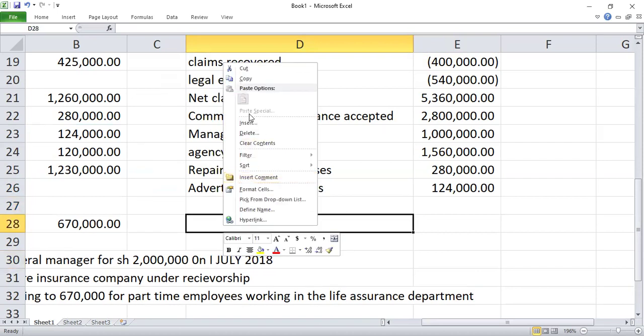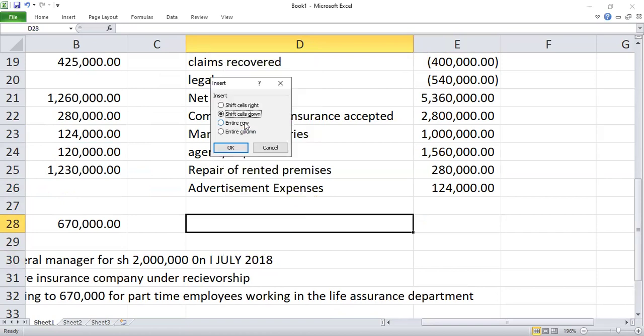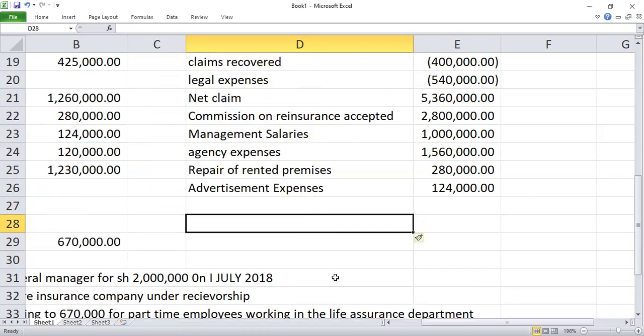Yeah, I think we need to insert one more row, because we have some three wear and tears.